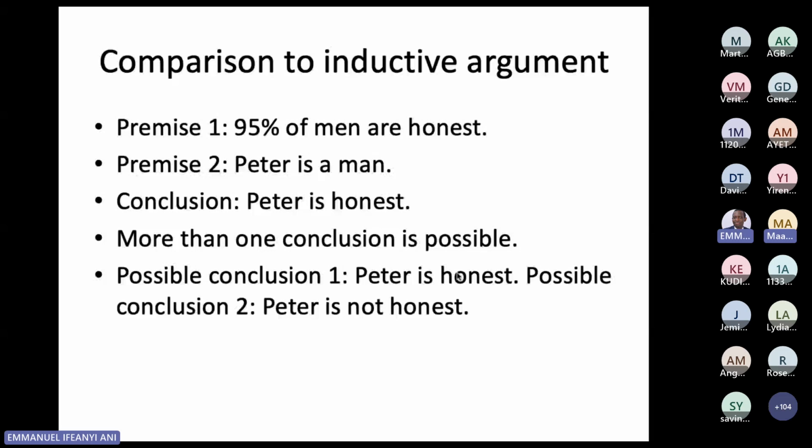So it helps you quickly understand how to distinguish deductive from inductive arguments. So that's a yardstick for determining both kinds of arguments. Without it, it's not so easy. Sometimes it just takes unnecessary time to know if an argument is deductive or inductive. Just ask yourself if the argument leads to only one conclusion, or it leads to more than one possible conclusion. That tells you if an argument is deductive or inductive.